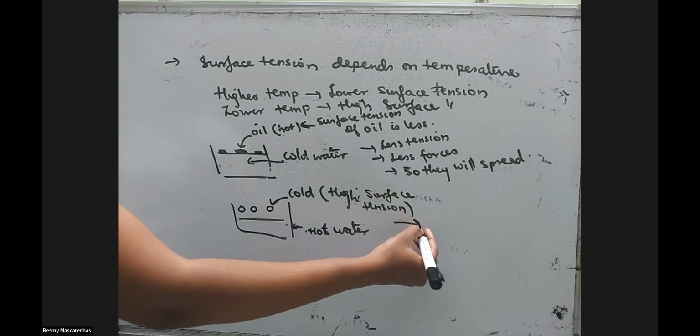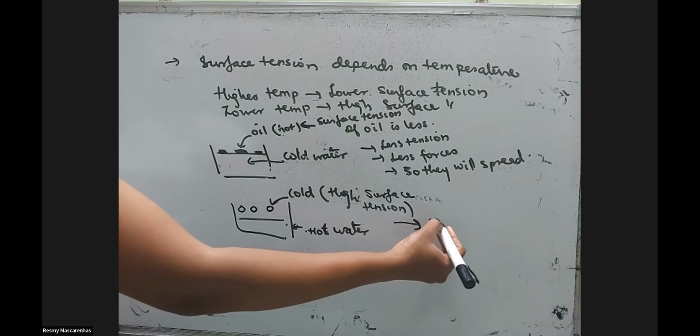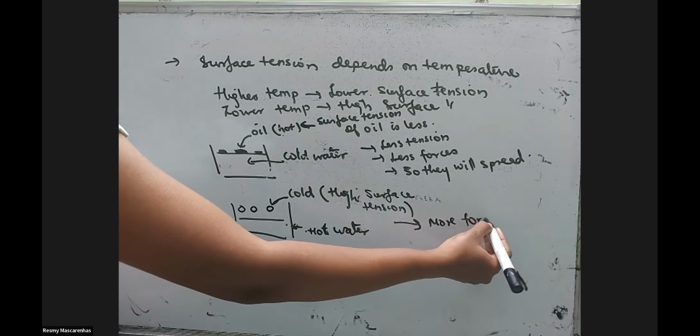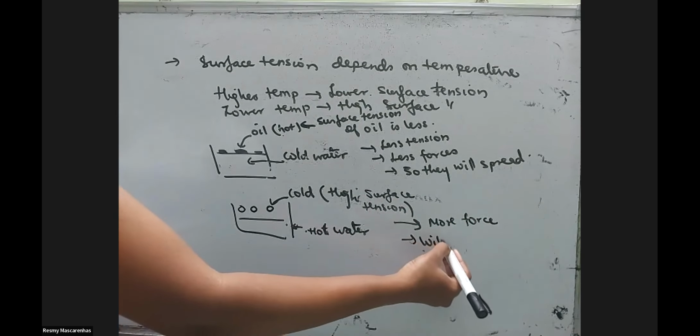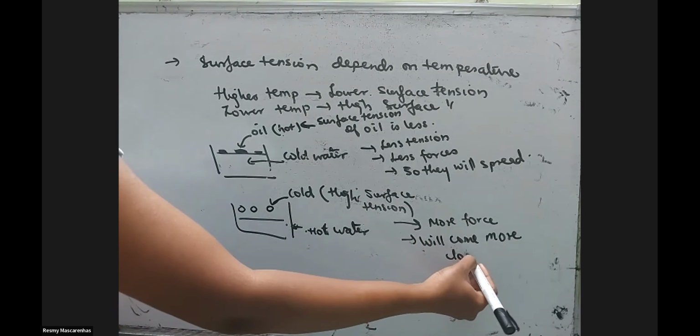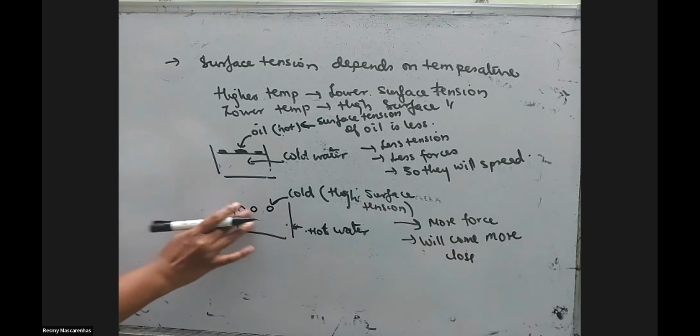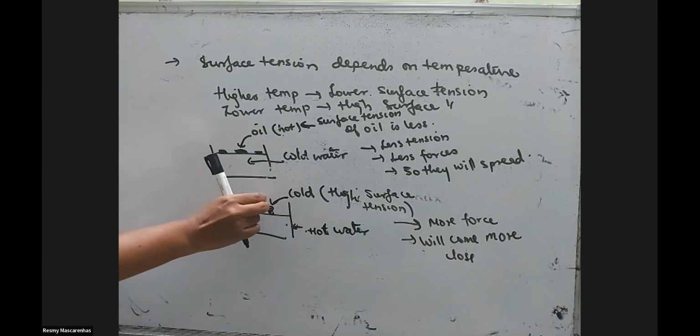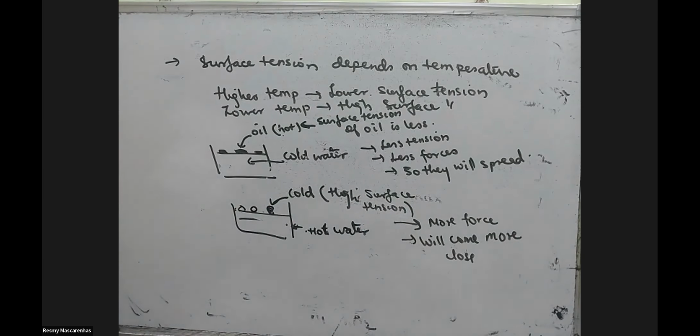High surface tension means more force, and they will come more close. So that's why they become like drops. They stick to each other and they don't spread out. So the surface tension property is to bring the molecules close to each other.